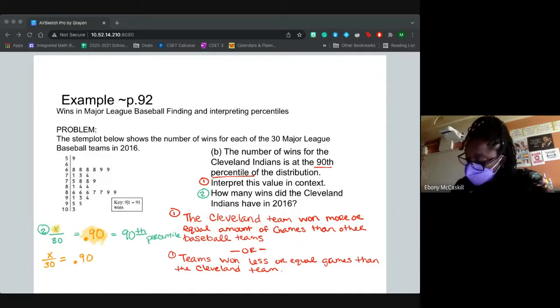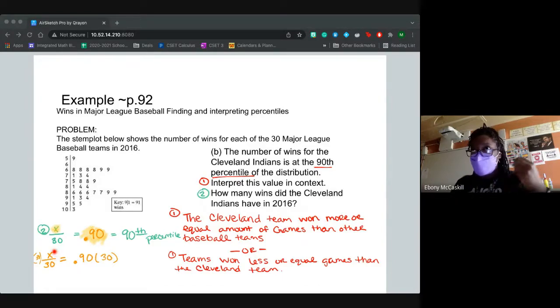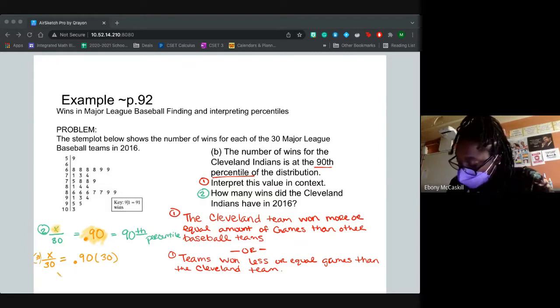So what we're going to do is multiply both sides by 30. The reason why we're multiplying is because x over 30 means x divided by 30. The inverse of dividing is multiplying. So therefore, I'm going to multiply 30 on both sides. Therefore, I get x is equal to 27. Now, mind you, this is the position. This is the location.